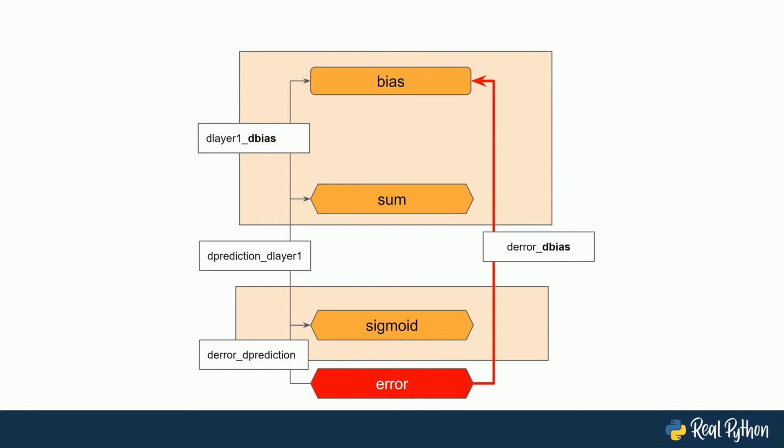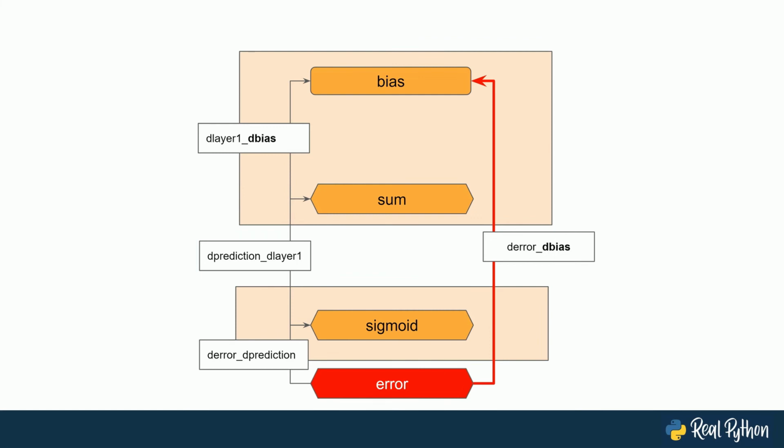Here's how to update the bias. It's the same algorithm as for the weights, just different variables. So instead of taking the derivative of the error with respect to the weights, you take the derivative of the error with respect to the bias, as seen in this diagram. The error function is x squared, and the derivative, as you've seen, is 2x. For the next partial derivative, you'll take a step in reverse and compute the partial derivative of the prediction with respect to the layer.